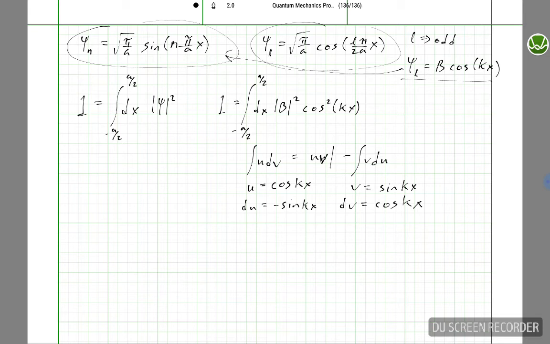Now I can go ahead and rewrite this guy again. So I have 1 equals absolute value b squared, and I'm going to have u times v, cosine kx. So that's my u, my v, sine kx, evaluated at these boundary conditions, which we know make it equal 0.